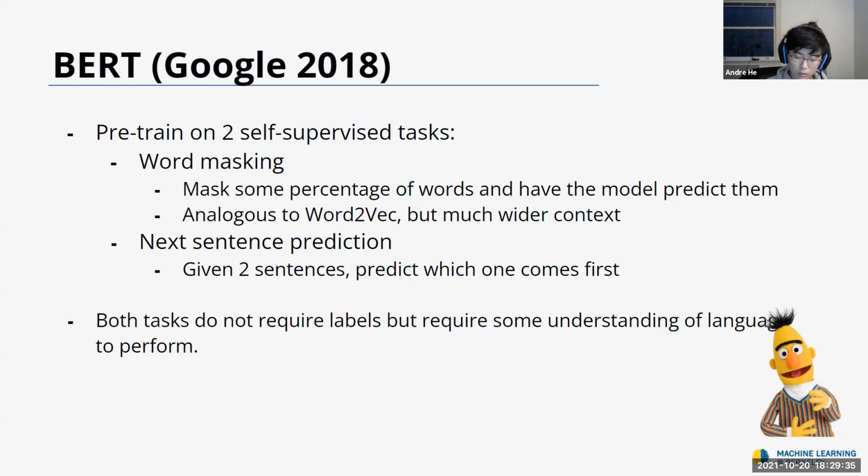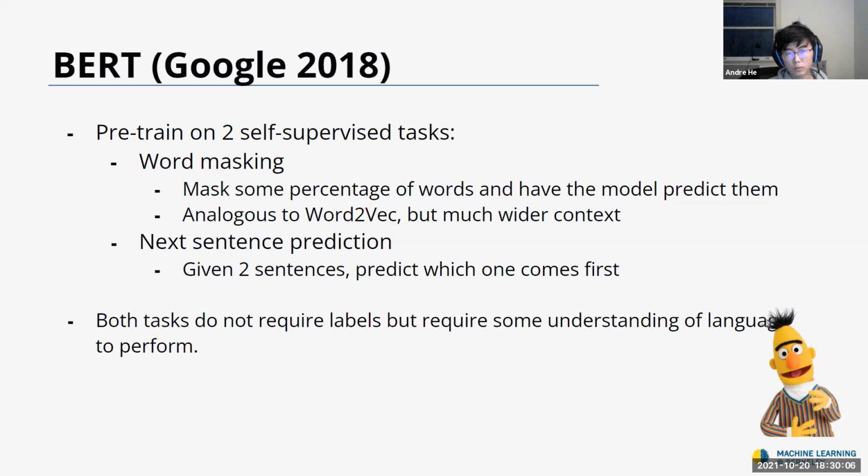For every sentence, you'll randomly mask out some of the words. That just means replacing them with a mask token such that your model won't be able to see those words. The task is to have the model predict what those masked words are. And you can imagine, in order to do that accurately, your model needs to have some understanding of language. It has to understand the context of the sentence to accurately predict the distribution of the word that's missing.